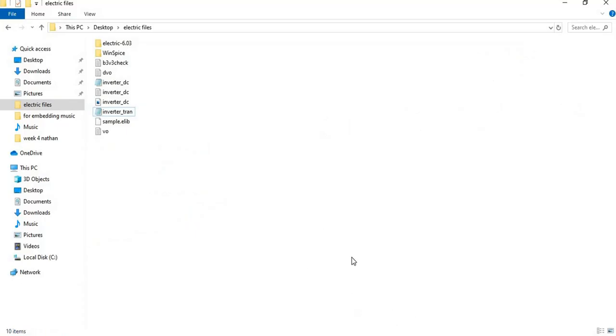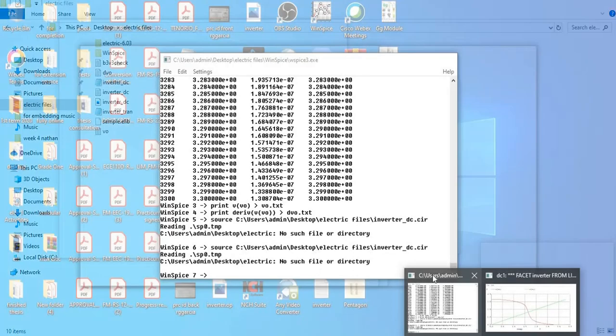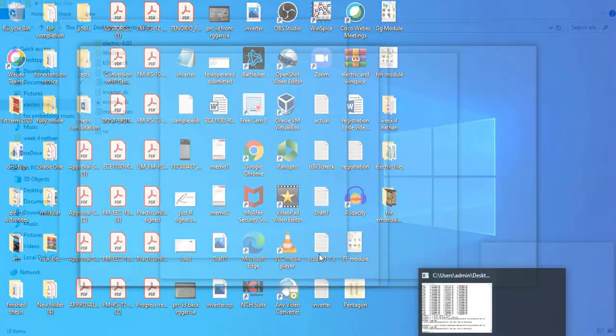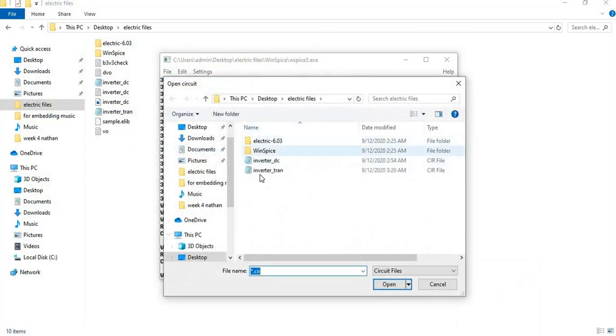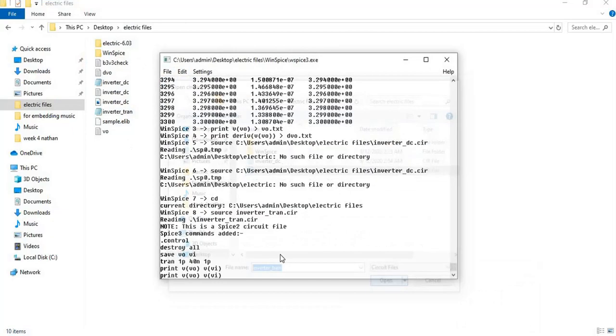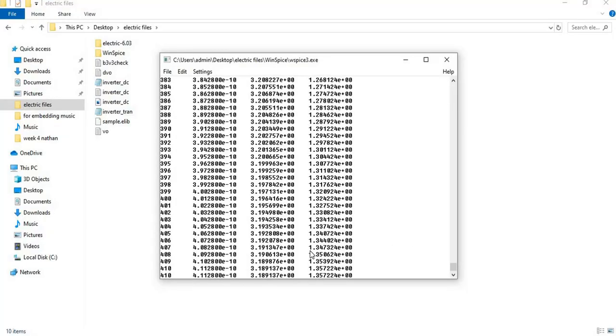Okay. From our WinSpice, you can close this window. Just run the inverter transient analysis. Since the value is very small, we increment it by 1 pico at a time, so it would take some time to finish. The smaller the value, the more accurate your waveform will be.